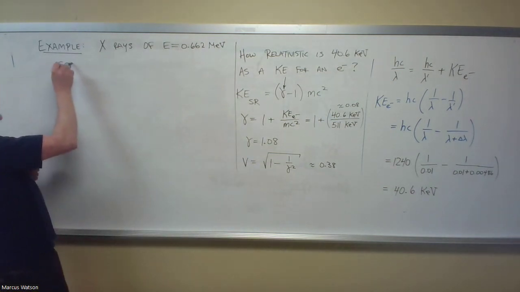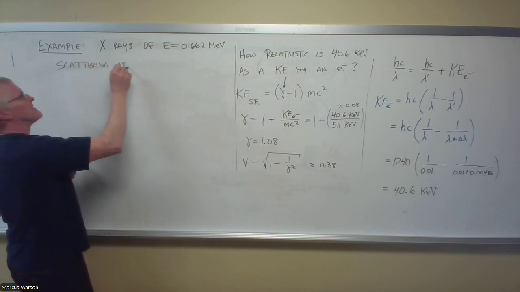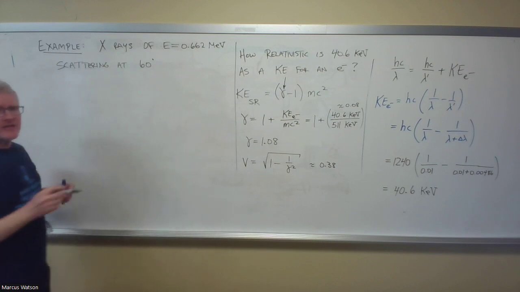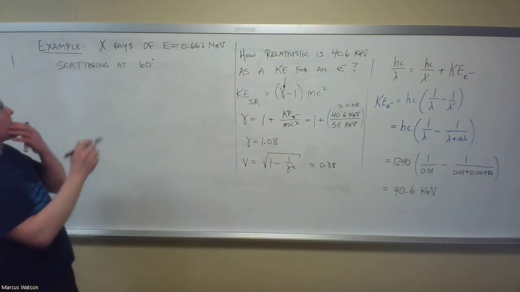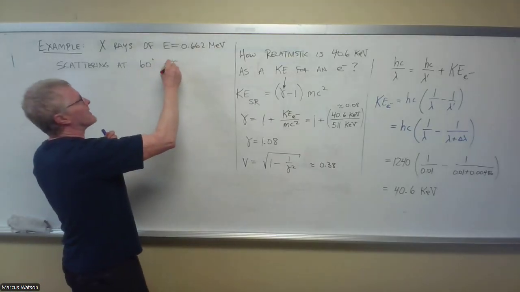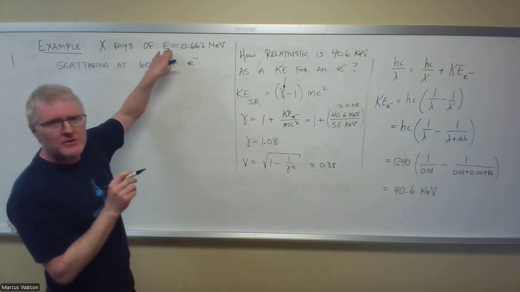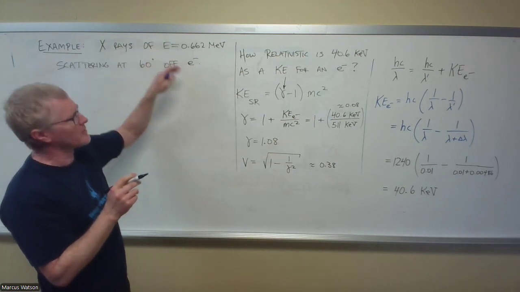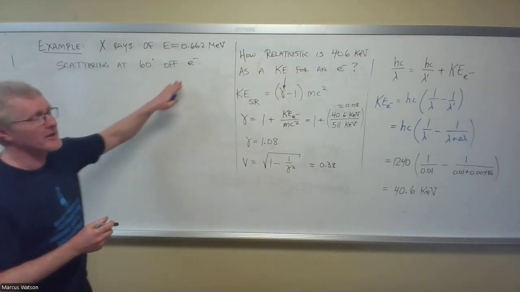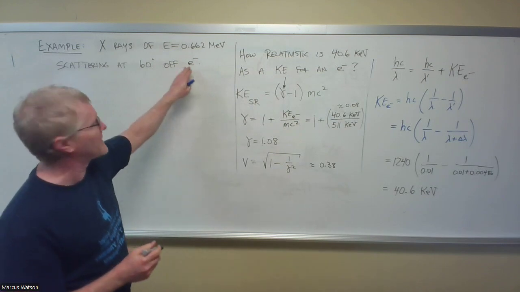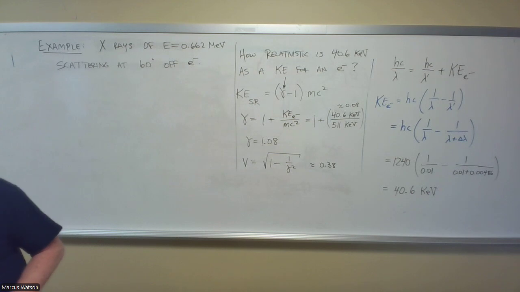And they are scattering at 60 degrees. My target is once again electrons, and I'm once again going to look for the scattered energy of the photons, E prime, with the lambda prime. And what kinetic energy is the electron going to be picking up?